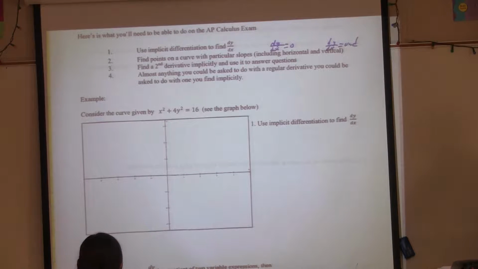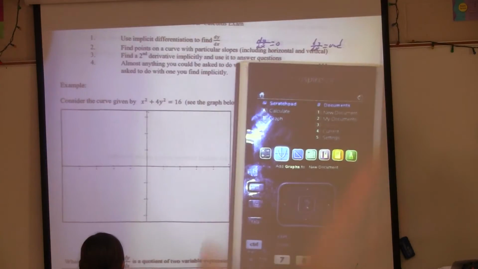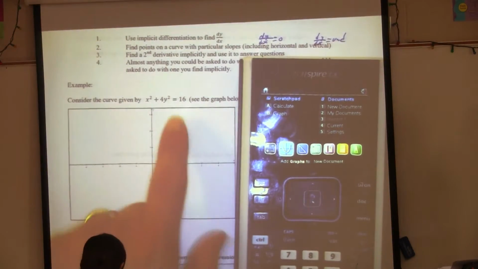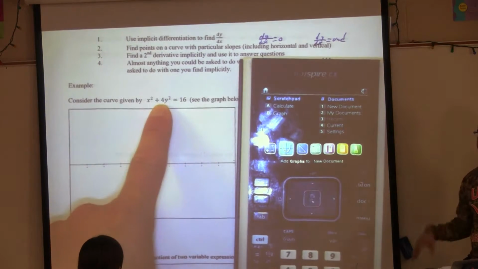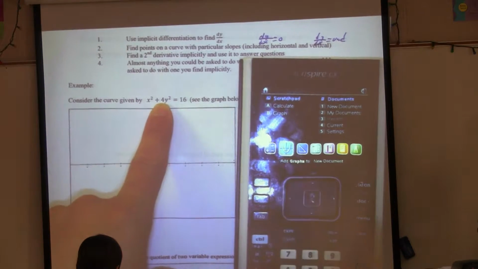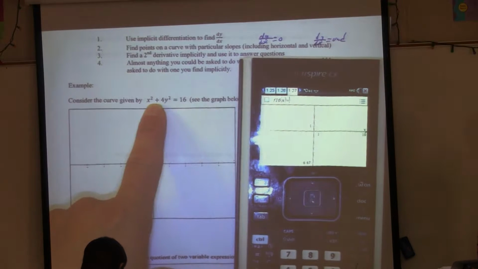Okay? Cool? So let's go to the calculator, and these wonderful TI-Nspires actually have the ability to graph this exactly the way you see it. You don't have to even make it y equals. So go to the graph app and open it, and let's type in this equation. Anybody know how to do that?